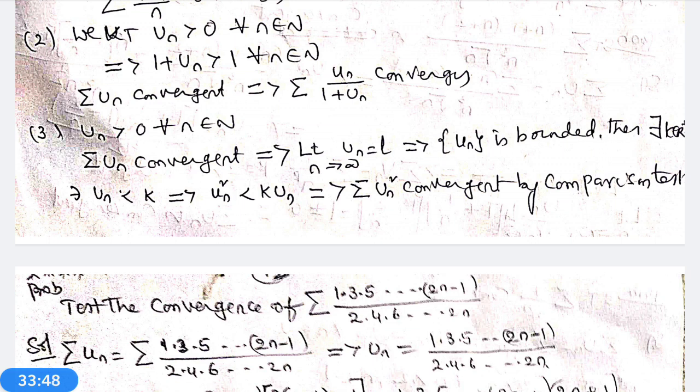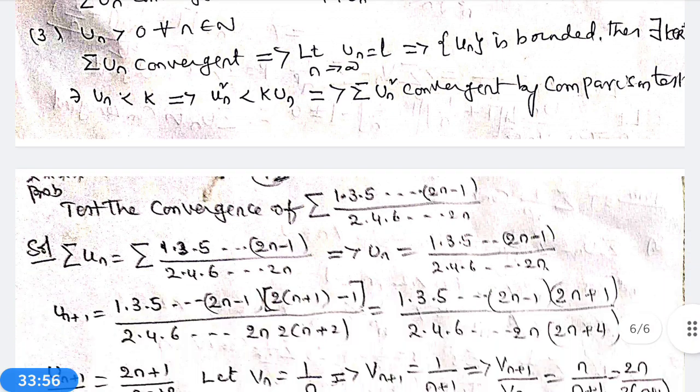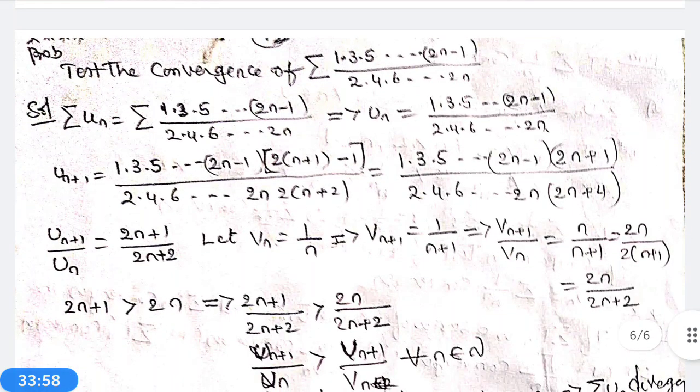Now, a very important problem: test the convergence of sigma 1 into 3 into 5 into etc. 2n minus 1 by 2 into 4 into 6 into etc. 2n.